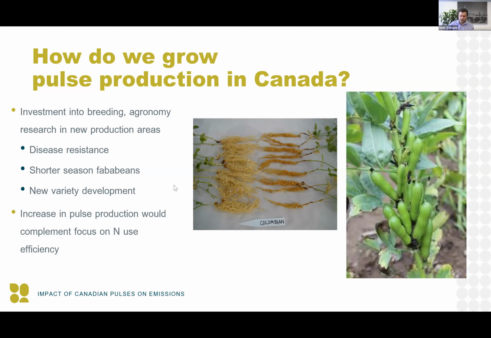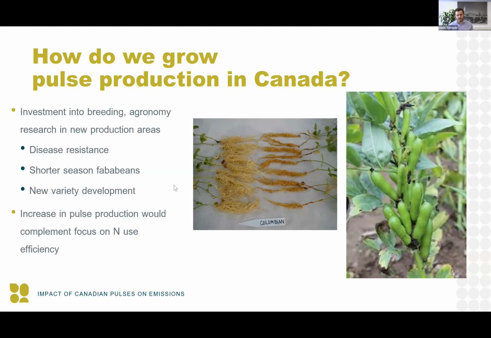And really, I think there's a couple things that are a sharp focus for our producer organizations today when they're looking at R&D and investments. And even from a private perspective, it's the same thing. We need good yielding varieties that can compete with canola and cereals in rotations. And in order to maintain yield, we need good disease resistance. There's been really good research programs on leaf disease, and we've tackled that issue for the large part.